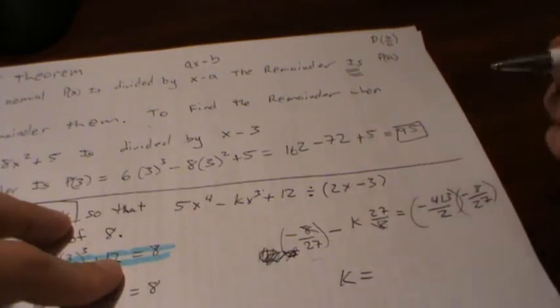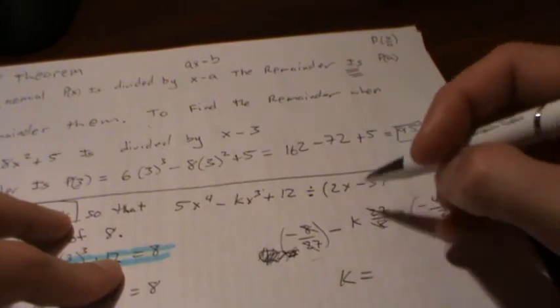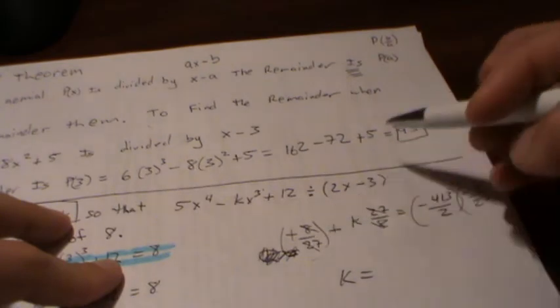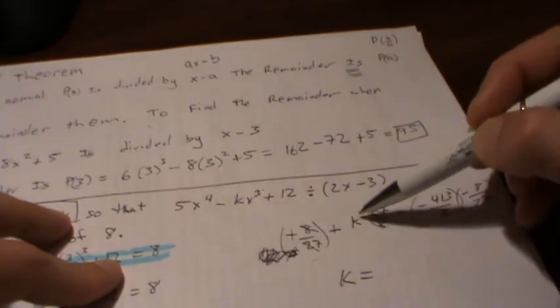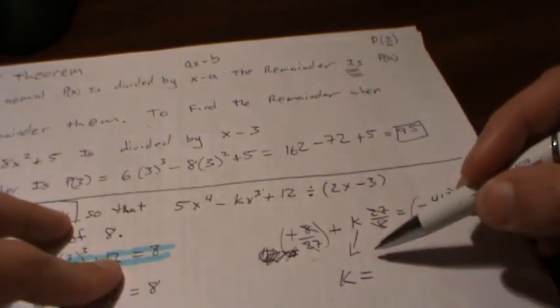This 8 effectively gets rid of that 8. That 27 gets rid of that 27. That negative gets rid of that negative. And that's why I chose to multiply by a negative 8/27 in order to get rid of everything. Notice how everything is gone except for the k.